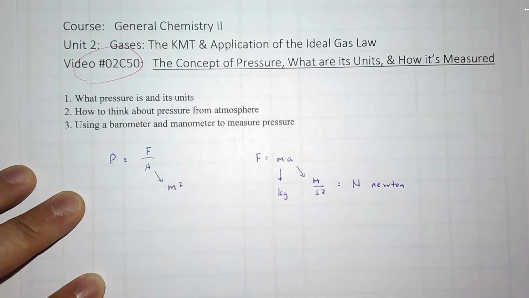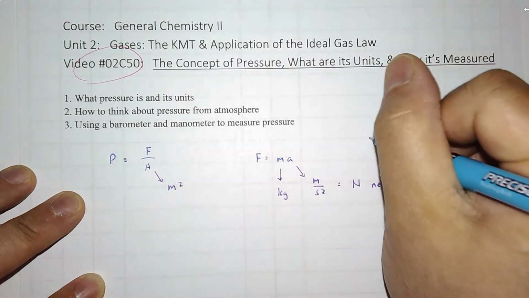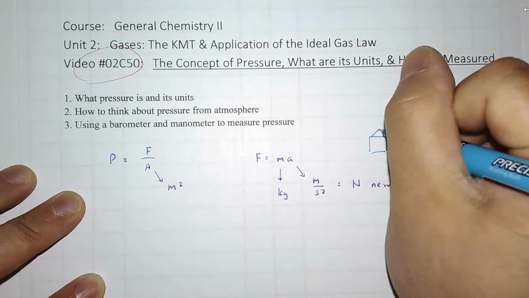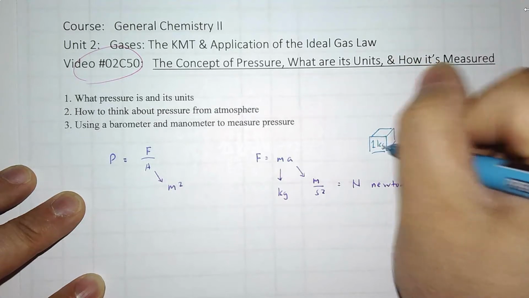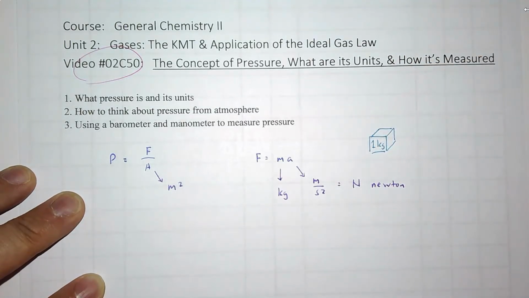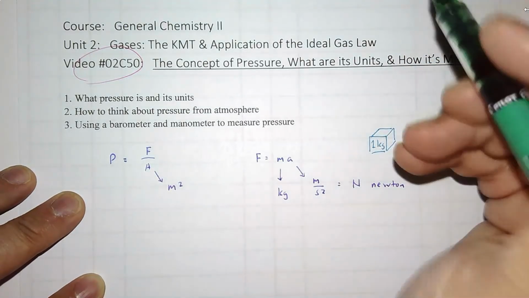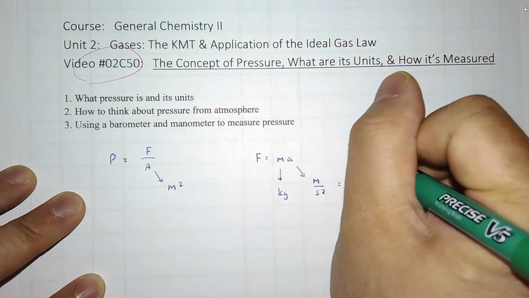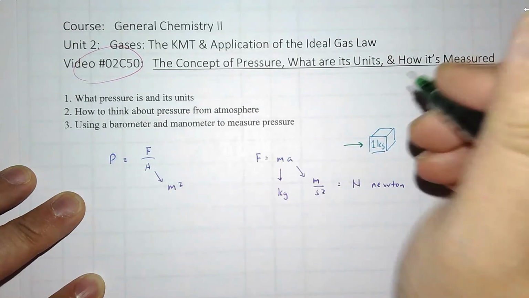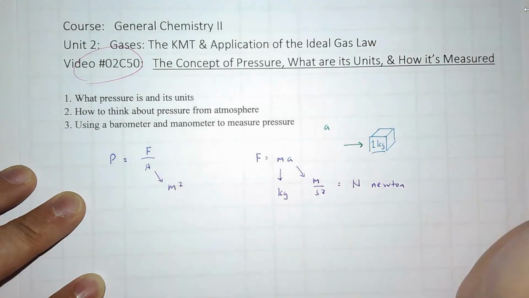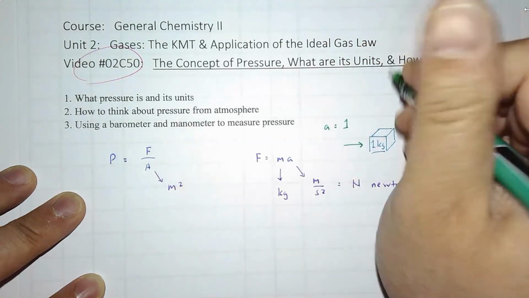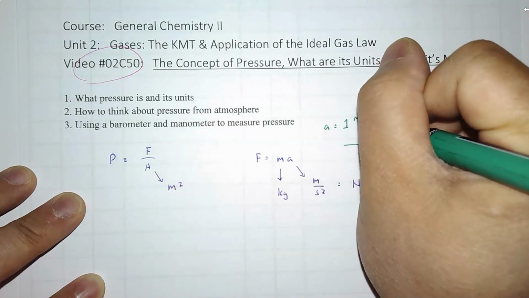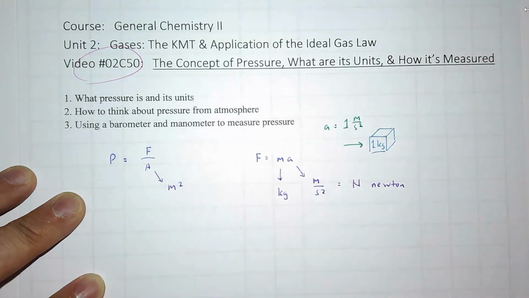Newton. Where did this come from? Let's say you have a mass of 1 kilogram, 1 kg, and the acceleration to push that mass is 1 meter per second squared.